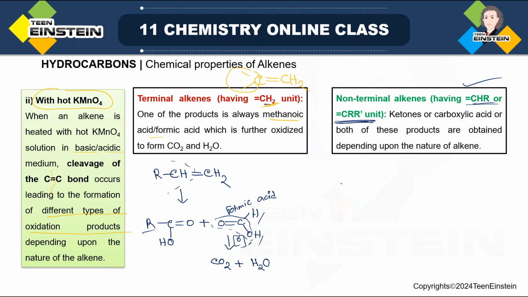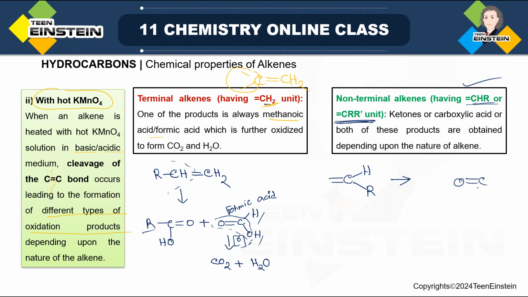If I take any alkene like this, where one group is H and another one is R, now you will get, I'm not drawing the other part because there may be any possibilities there.